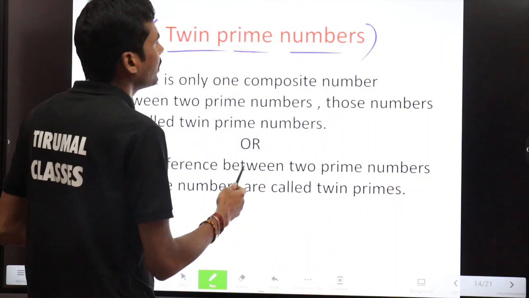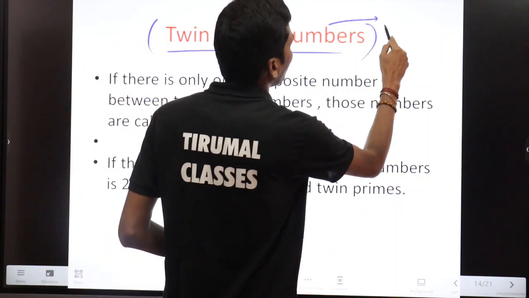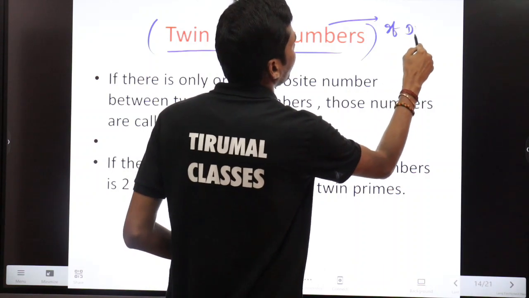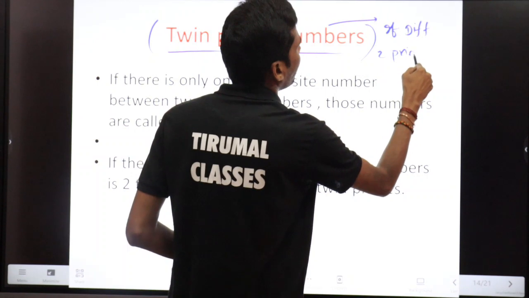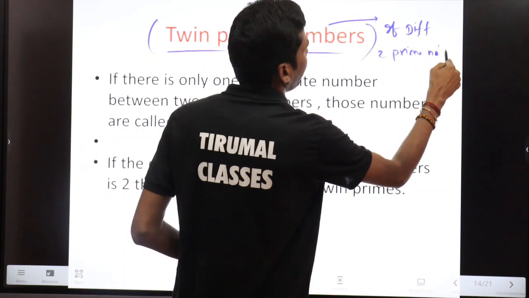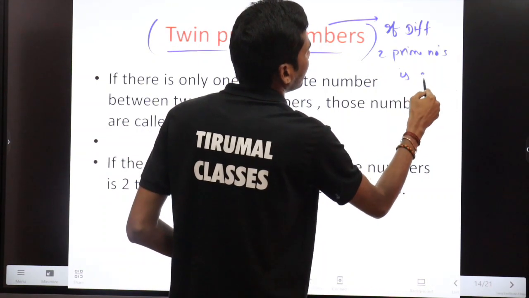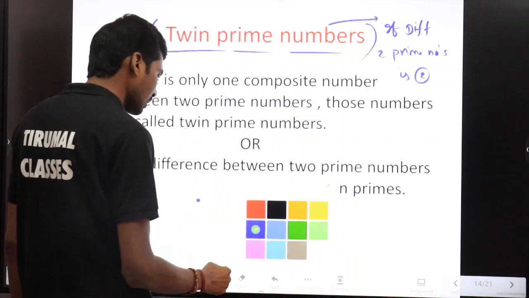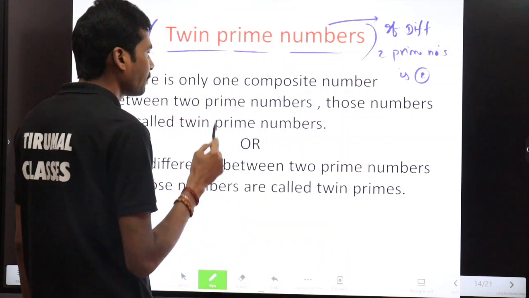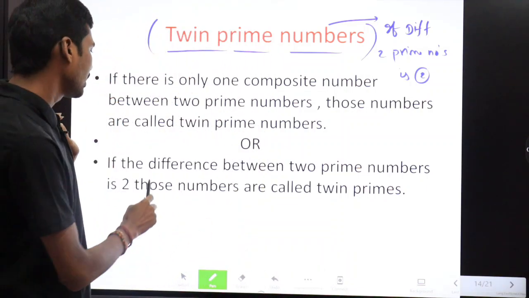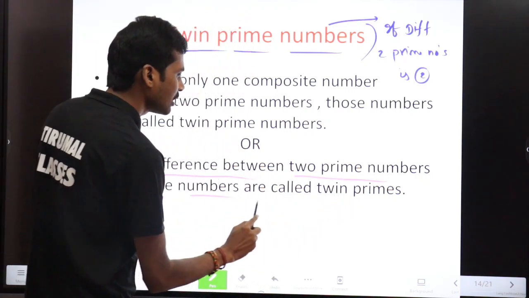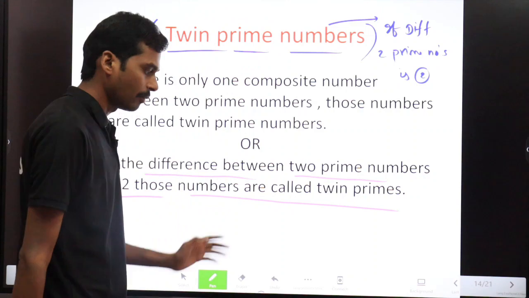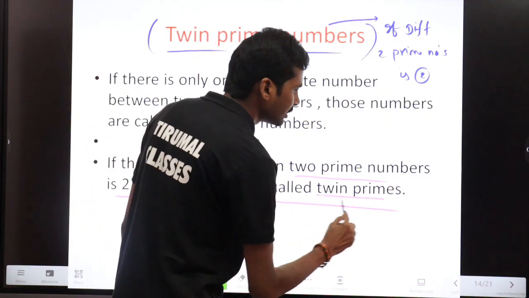So twin prime numbers means that if the difference of 2 prime numbers is 2, then those numbers are called twin prime numbers.